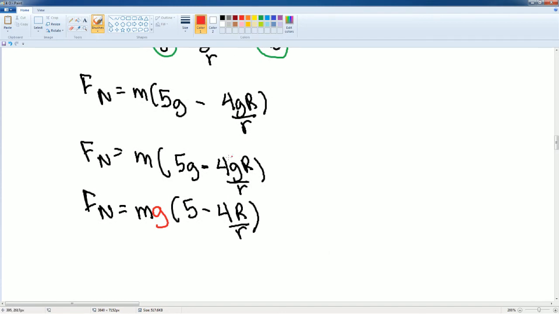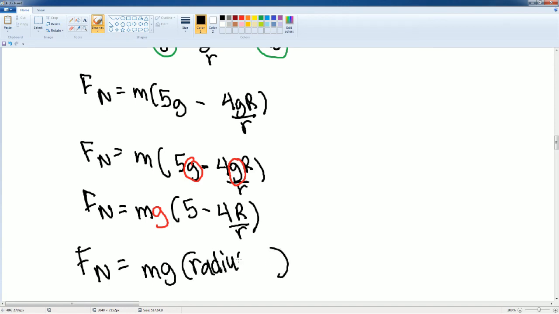Because take a look, g here, g here. That's why I was allowed to factor it out. So this normal force is equal to mass times gravity times this weird radius difference.